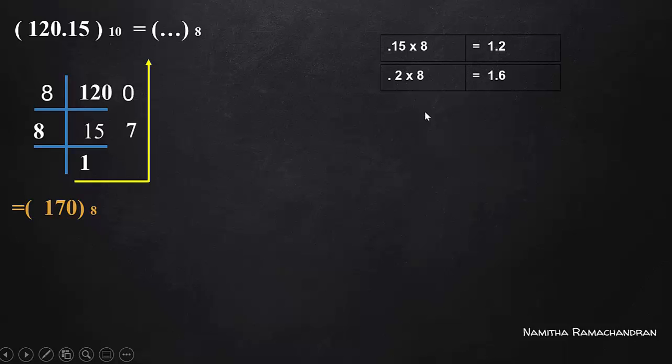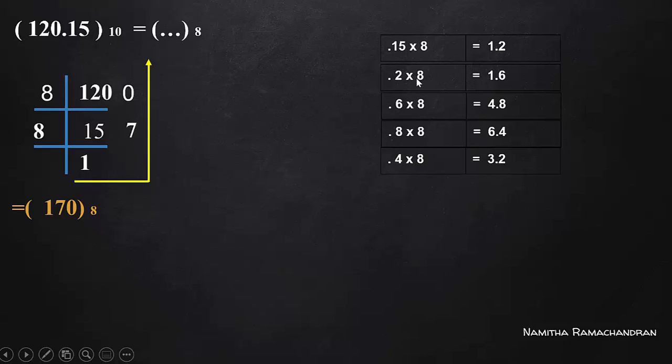Again multiply the fraction with the base and generate 4.8. This 0.8 is multiplied again with base 8 and generates 6.4. This 0.4 again multiplied with 8 generates 3.2. Now it is clear that the fraction has become 0.2. Further multiplication generates the same pattern.